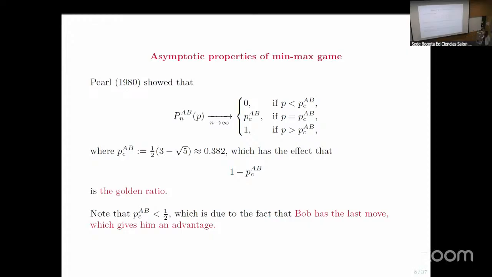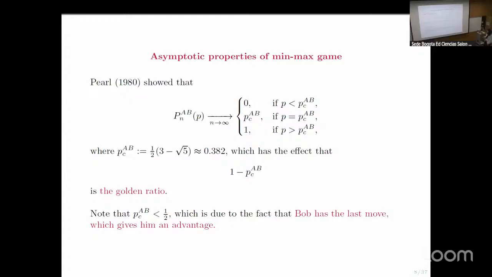But what is interesting is that if you start exactly at this critical value, you stay there. At this critical value you don't have a trivial probability: you start with that probability, and it stays there when n goes to infinity. And this value has a very nice property: actually 1 minus P_c is the golden ratio.